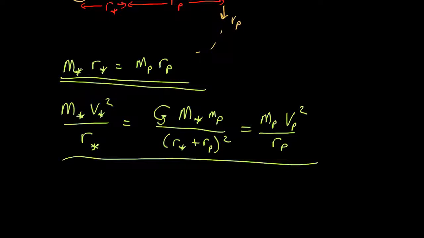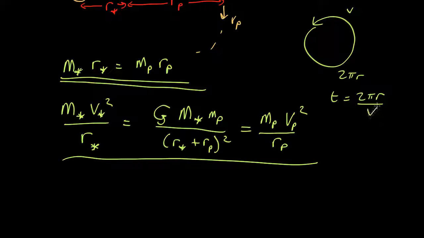And there is one more equation we can use, which is that often we won't measure the velocity, we'll measure the period. So we might want to relate velocity to period. Now if something's moving in a circle, the distance it has to move is the circumference, which is 2 pi r. And if it's going at v, the time it'll take is just equal to 2 pi r over v. And the time taken to go in a complete circle is just the period.